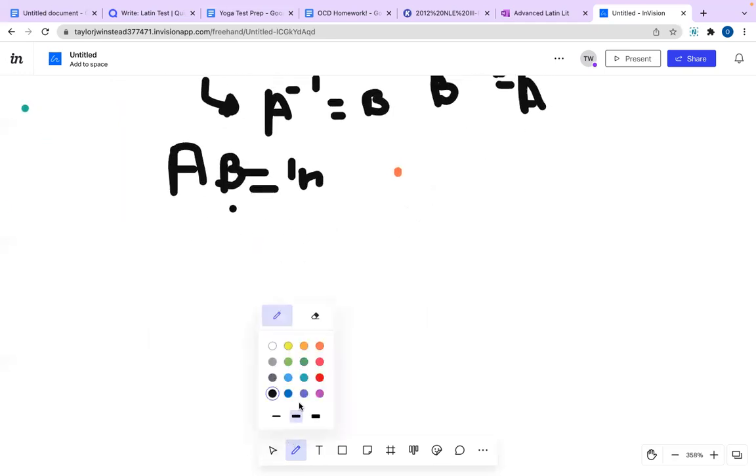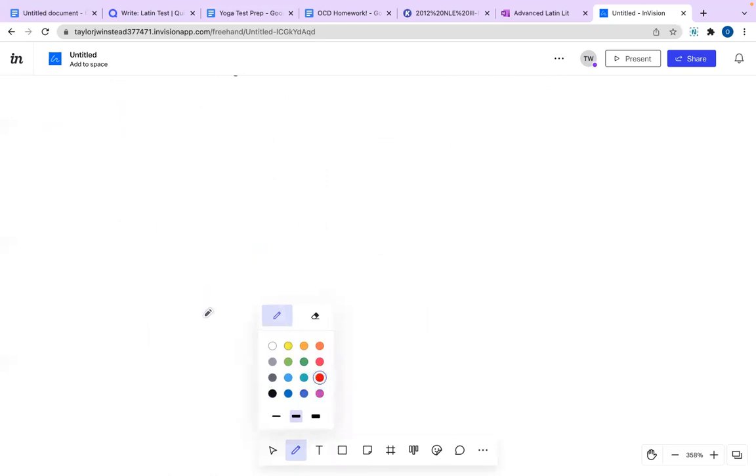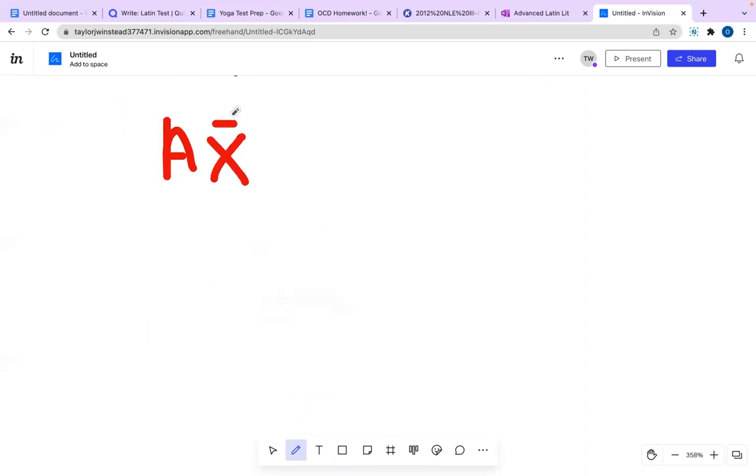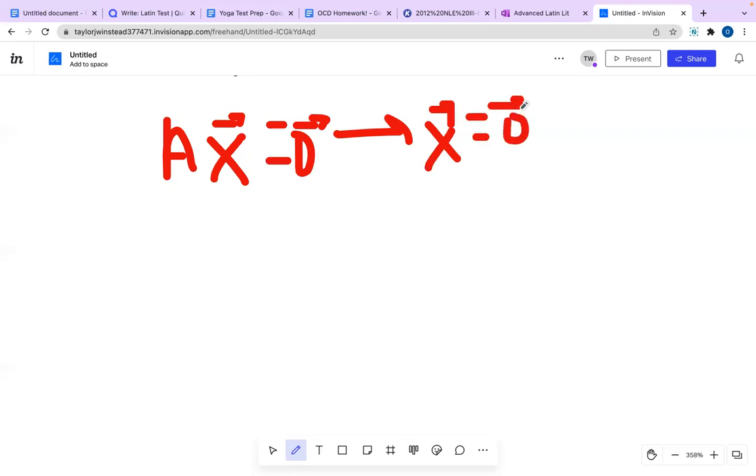So I'll do this fancier official proof in a different color. To show that something's invertible, we can prove that A times vector X equals the 0 vector has only one solution, that solution being vector X equals the 0 vector. We already went over that idea. We are all tracking with that.